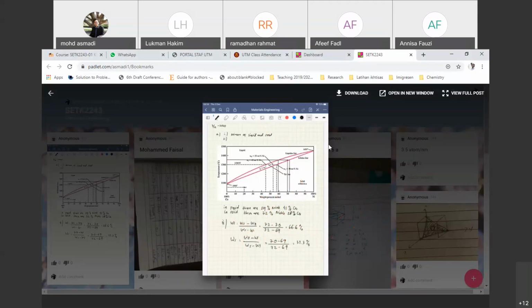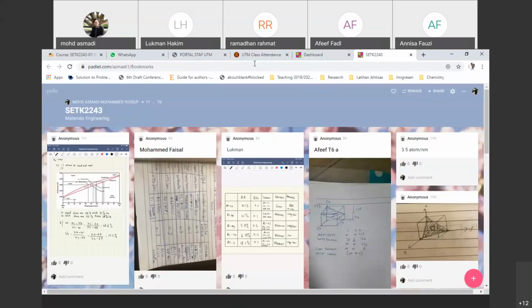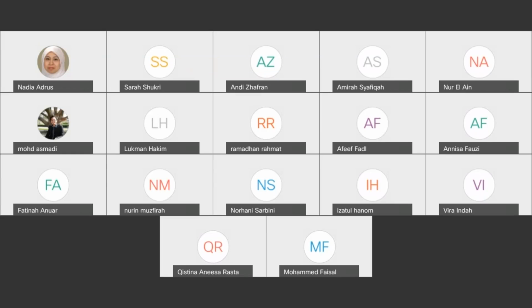So how about the microstructure at 1500? For me, how I did it is definitely just based on the observations. Since this one is not answered, I'll just share the answer.